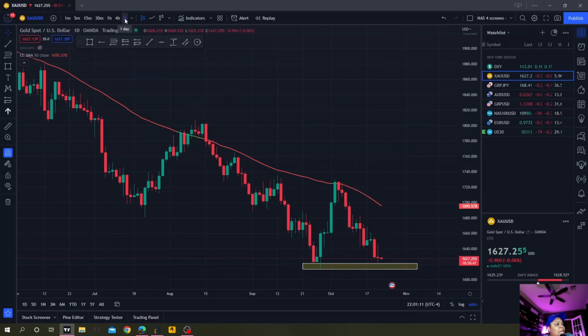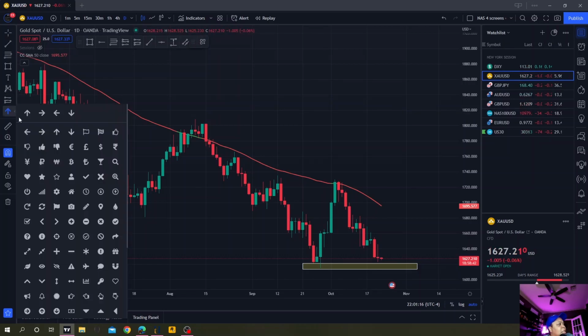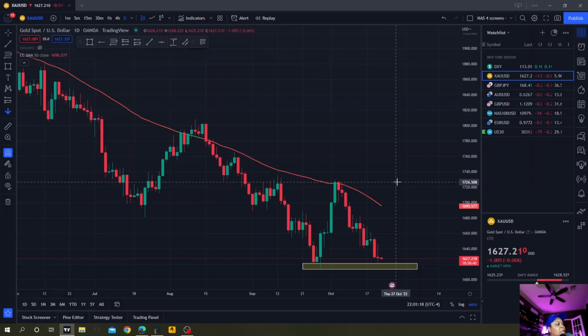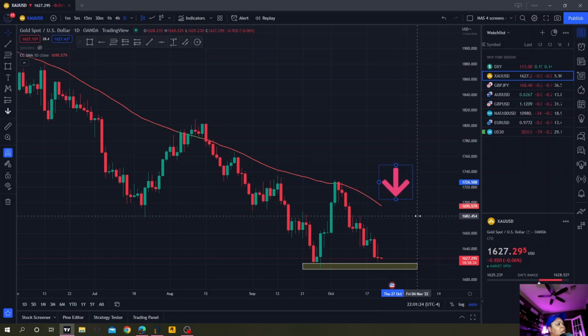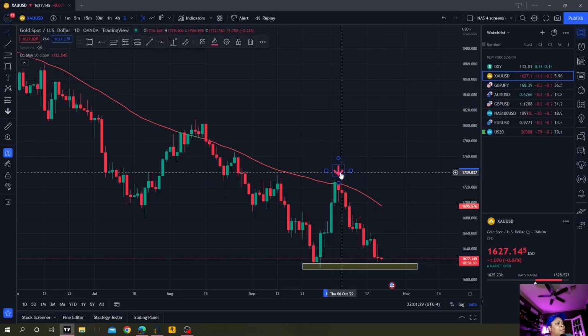So we don't have anything to the upside yet because currently it is trending down. So that's my bias for gold. So I usually put this on the chart so that when I'm trading, I can remember what my bias is. So it works for me.